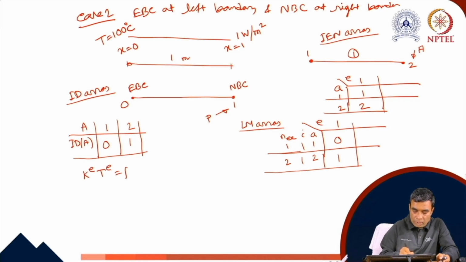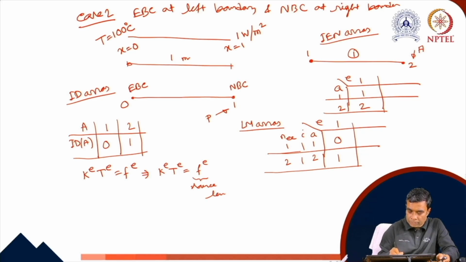KET equals FE. Here we have KET equals FE contributed by the source term, plus FE contributed from NBC, plus FE contributed from EBC.